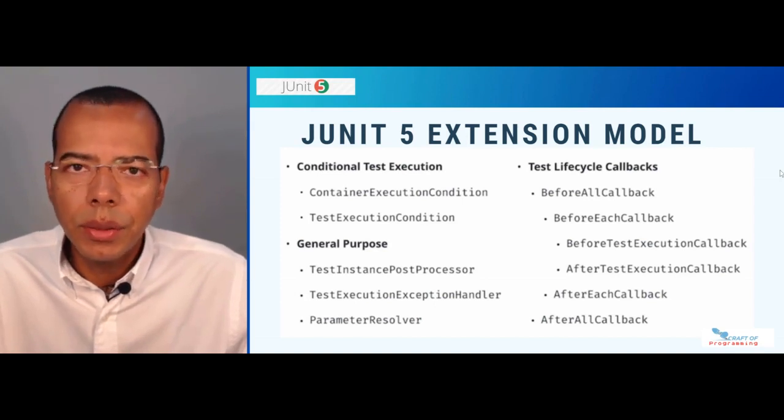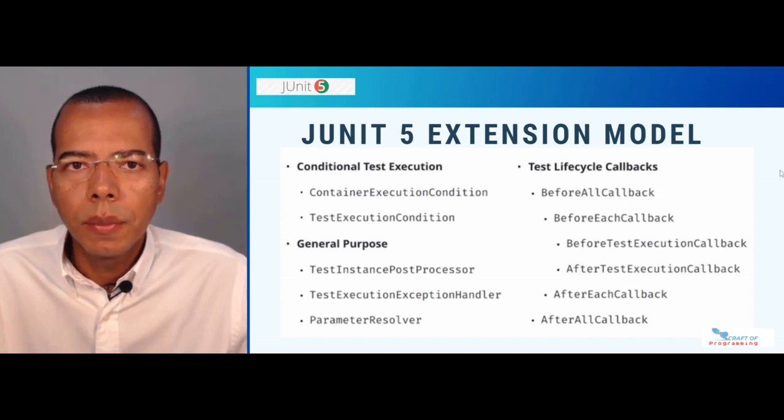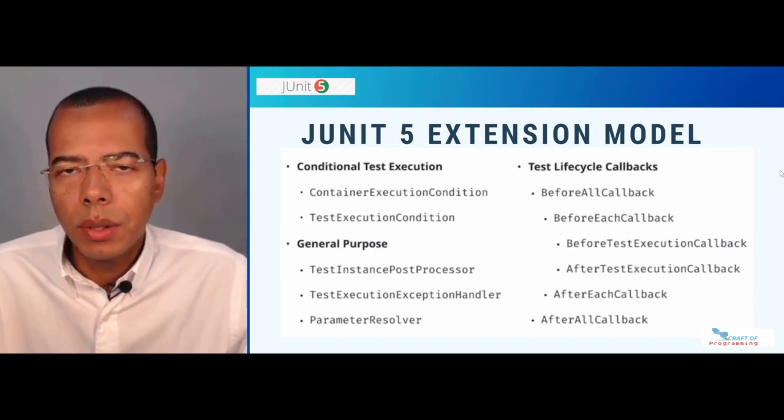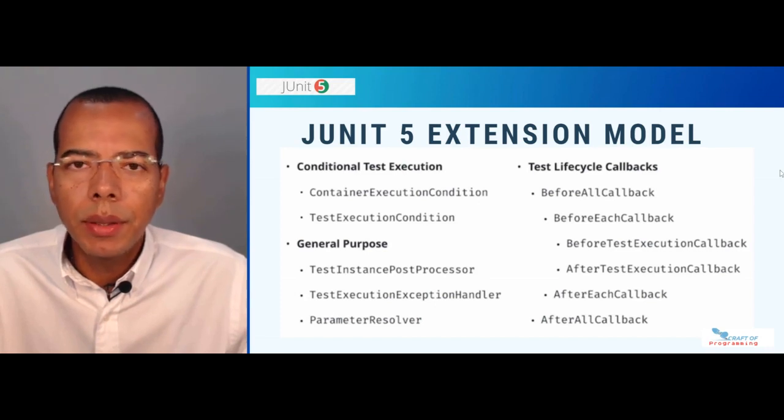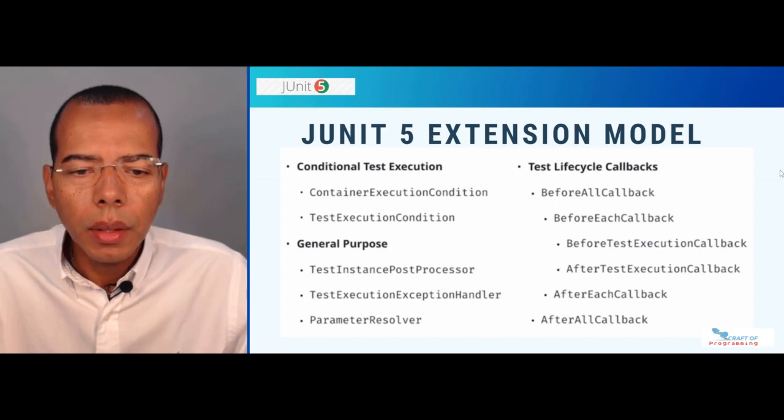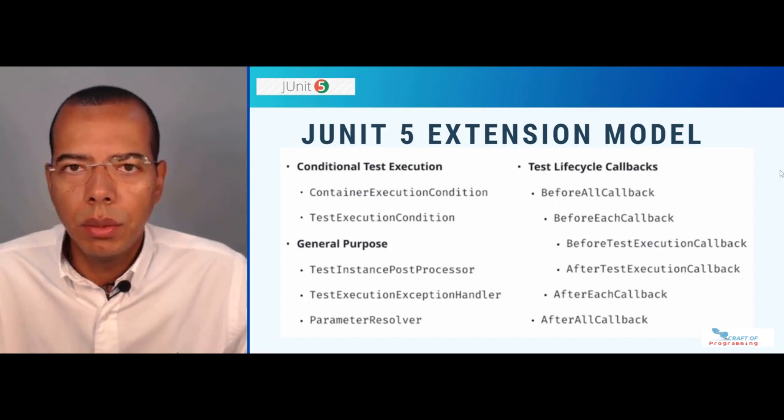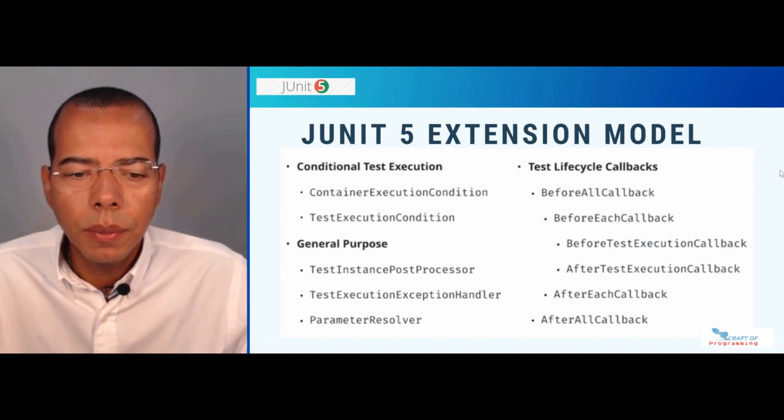So these are basically just interfaces that you would have to implement to customize the callback behavior. The conditional test execution category is basically the ones that control whether or not a test runs, and container looks at basically the entire class, and test is a condition on whether or not you want a specific test to execute.